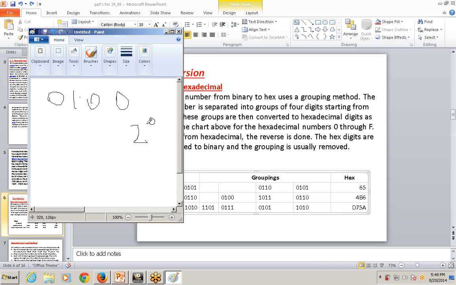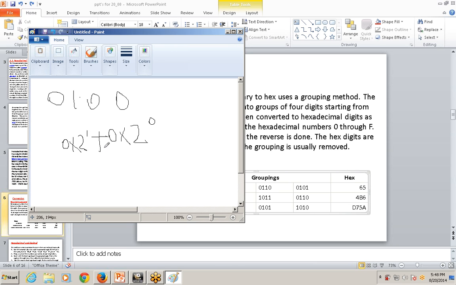So 2 power 0 into 0 plus 2 power 1 into 0 plus 2 power 2 into 1 plus 2 power 3 into 0.